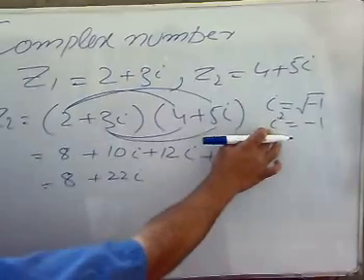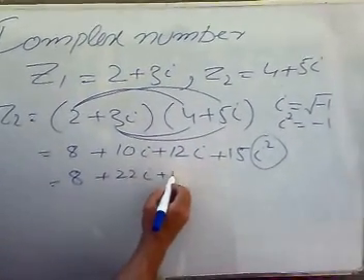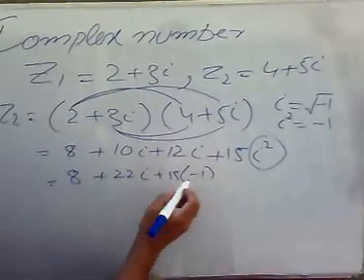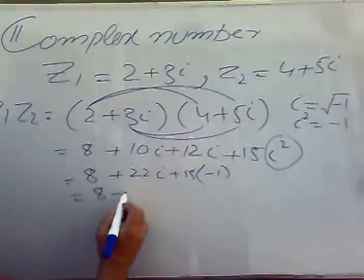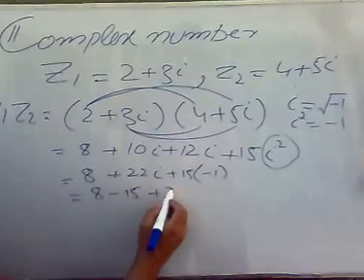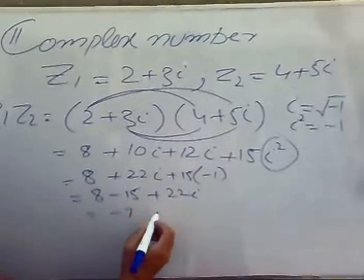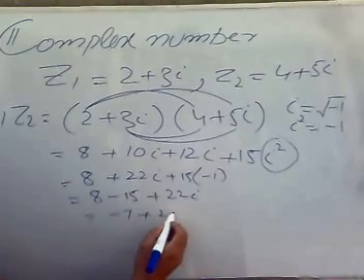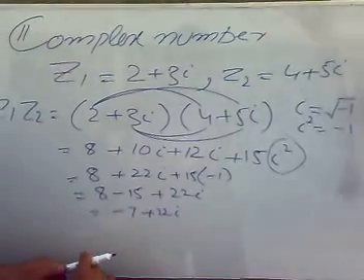So we can replace this value of iota square over here. So it will be plus 15 into minus 1. So it will be 8 minus 15 plus 22 iota. So it will be minus 7 plus 22 iota. So this is the answer of its product.